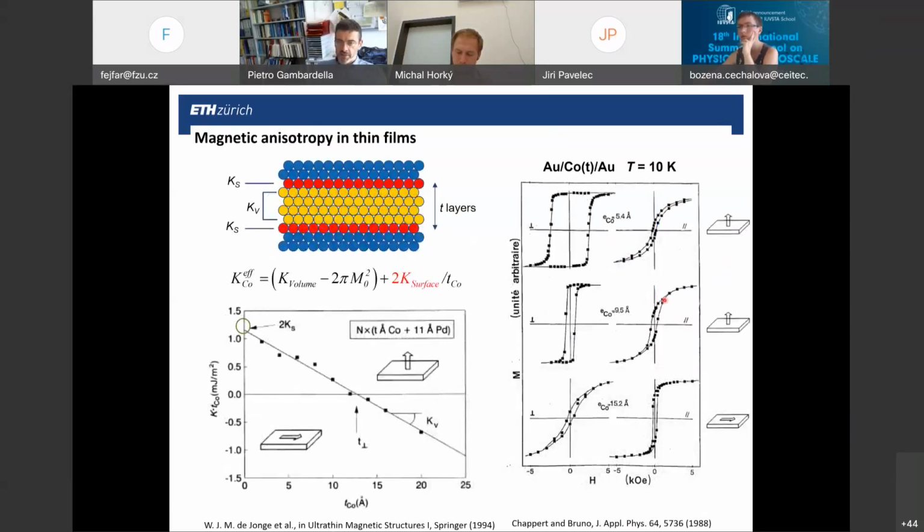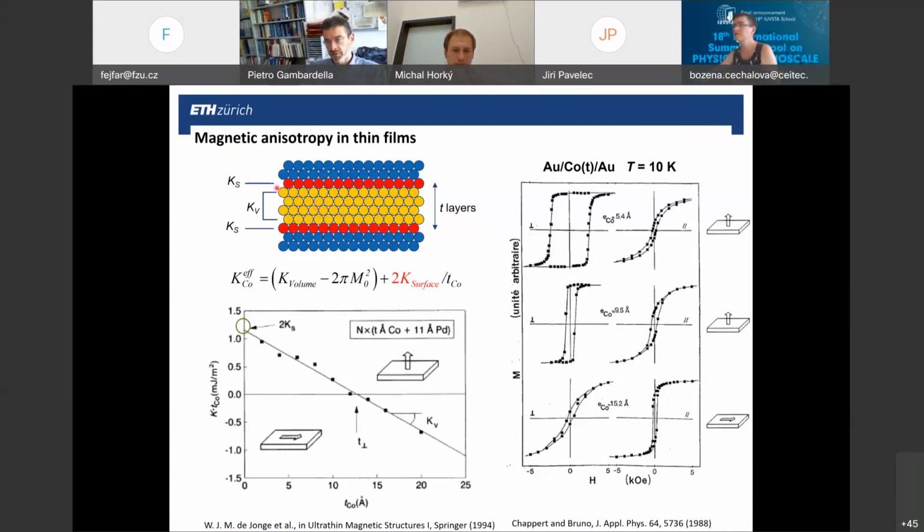So if you combine this dipolar interaction, which gives a magnetic anisotropy called shape anisotropy, together with the magnetocrystalline anisotropy due to the anisotropy of the orbital moment, then you get a competition between the two. And so in a generic thin film, you have a certain number of layers that you can consider as volume layers, whose properties are similar to what they would have in a bulk system.